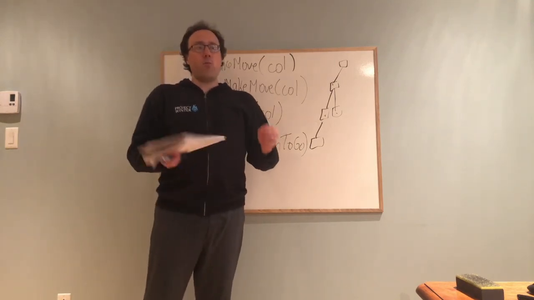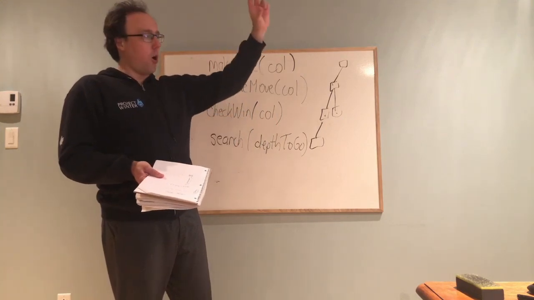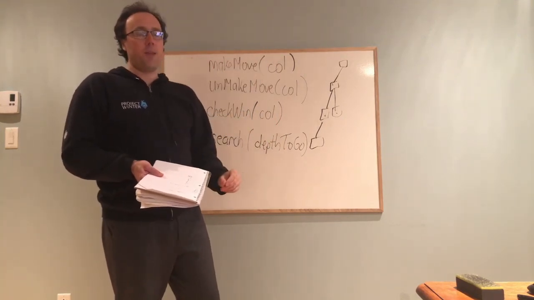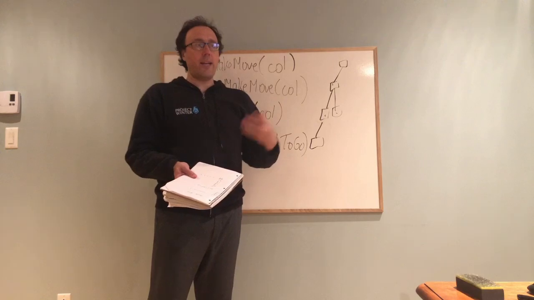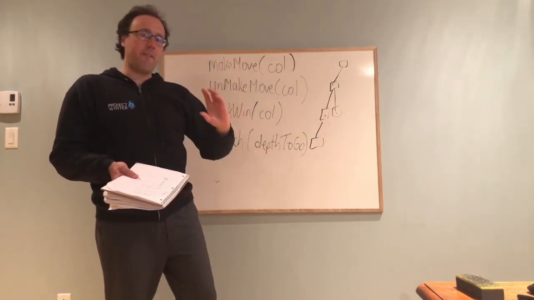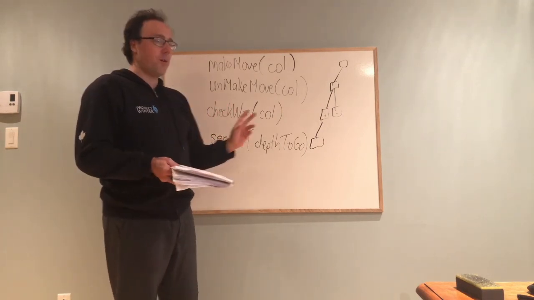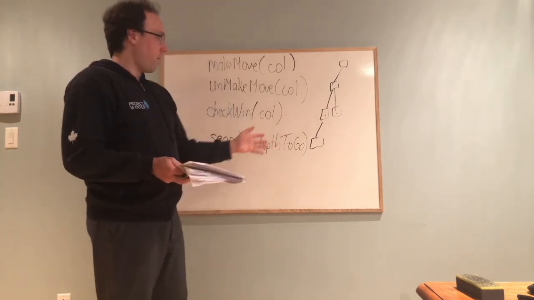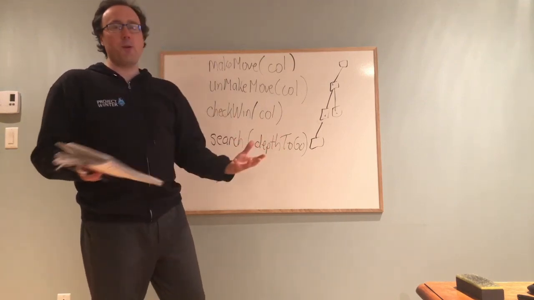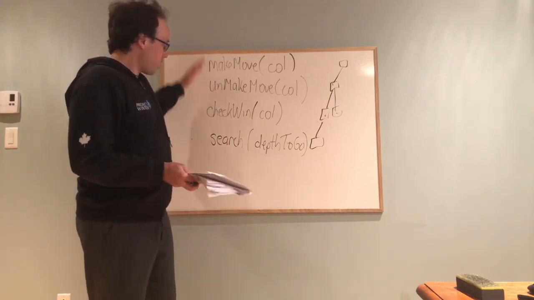The code that I've written won't probably execute fast enough to be able to search all the way to the end of the tree. If you could search and not limit it based on a fixed depth, you would be able to play perfectly, which is kind of neat. One of the things I like about programming this and using computers is the idea that you can actually solve this game and play perfectly. Okay, so I'm going to add that.